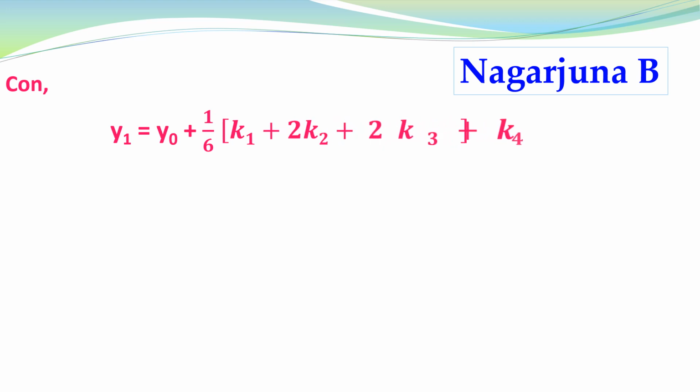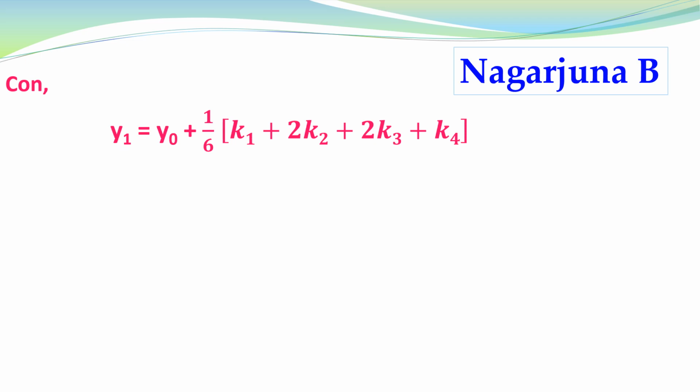Consider equation 1, that is y1 equal to y0 plus 1 by 6 into k1 plus 2k2 plus 2k3 plus k4. Now we have calculated the values of k1, k2, k3, k4. Substitute those things, and the y0 value is given in the question, and that one substitute here.